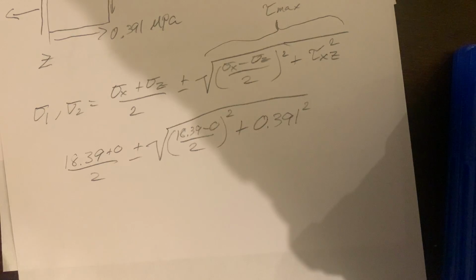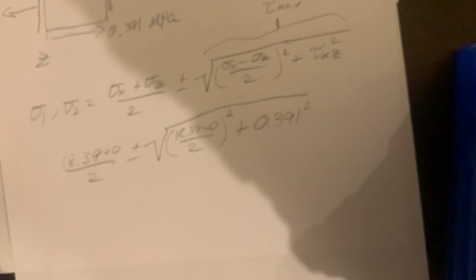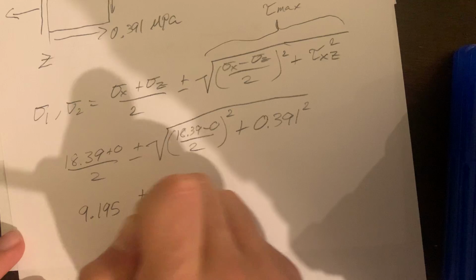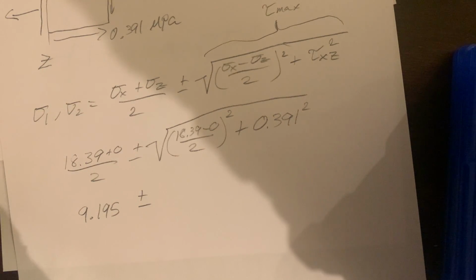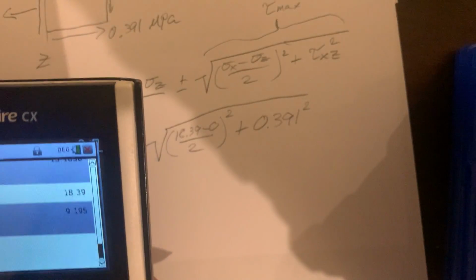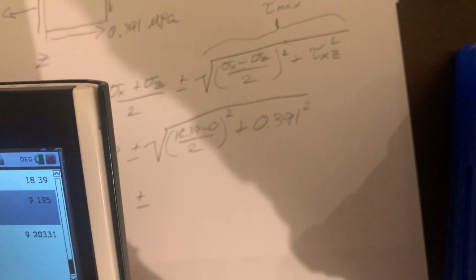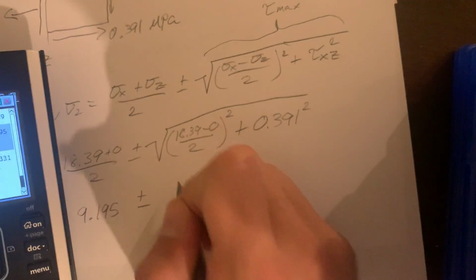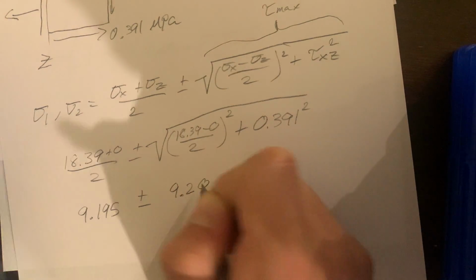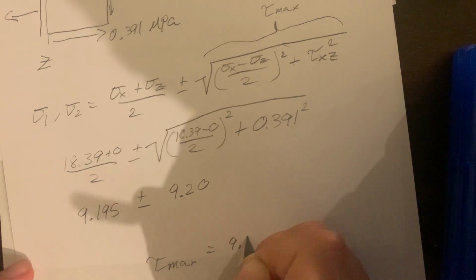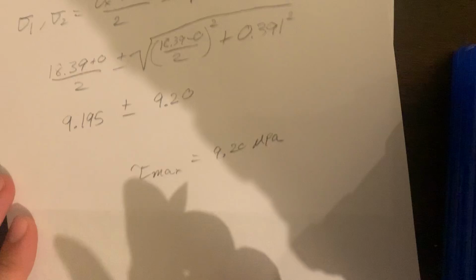And from this, we are going to get 18.39 over 2, 9.195 plus or minus the square root of 18.39 over 2 squared plus 0.391 squared, which is 9.20. So we know tau max equals 9.20 megapascals.